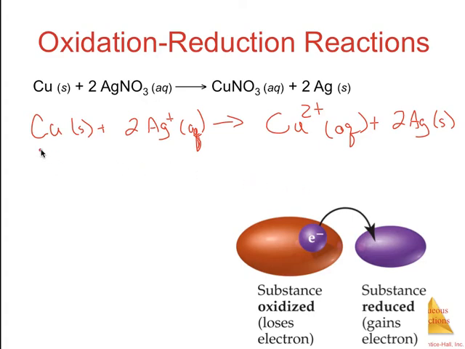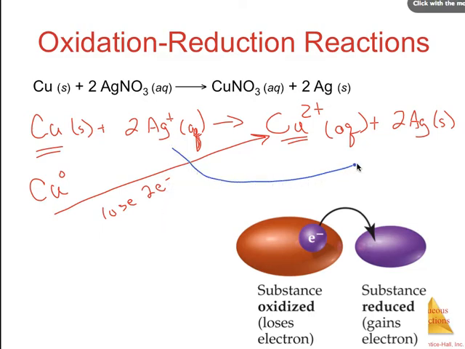Okay, hopefully metal, think about it, what is the overall charge of metal? Well, it's 0. So it's really copper with a 0 charge on it. And over here it has plus 2. So to go from this side to here, copper had to lose 2 electrons.